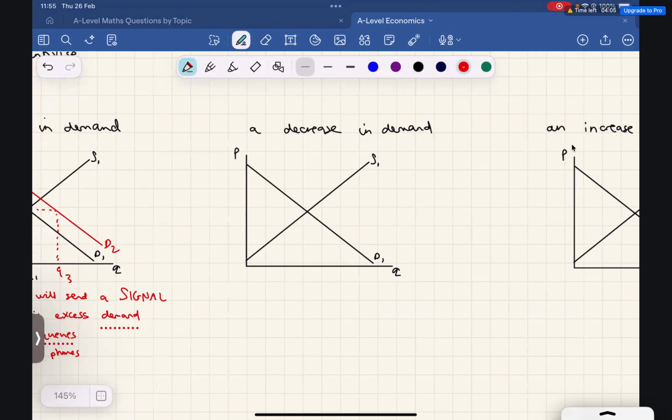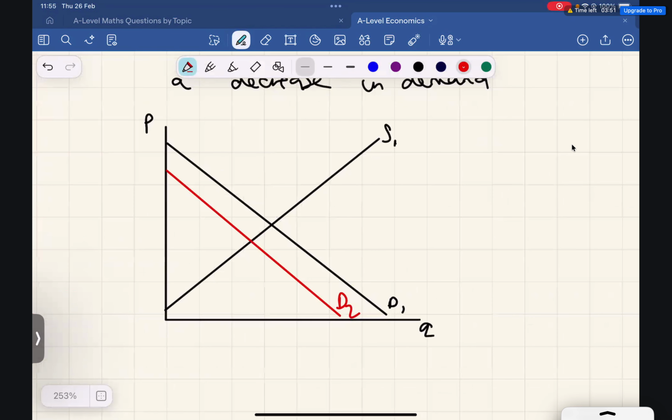So same thing here. If there's a decrease in demand because something's out of fashion, let's say it's winter and the demand for winter jackets is decreasing, what's the first thing that will happen as per the price mechanism? There will be excess supply. Yeah, very good. So you've got Q1 and P1, and that point there is going to be Q3.